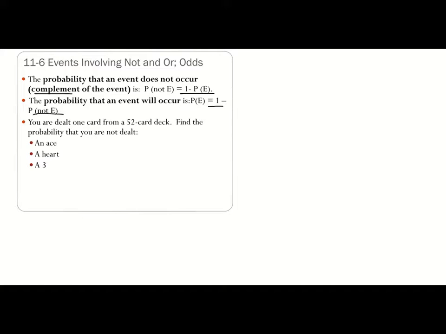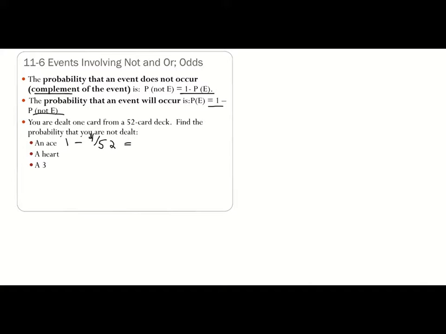So here we have, you're dealt 1 card from a deck of cards. Find the probability that you are not dealt an ace. Well, again, we'll start with our 1 because all probabilities are based out of 100%. And I know that in my deck of cards I have 4 aces. So I'm going to subtract the probability of drawing an ace.